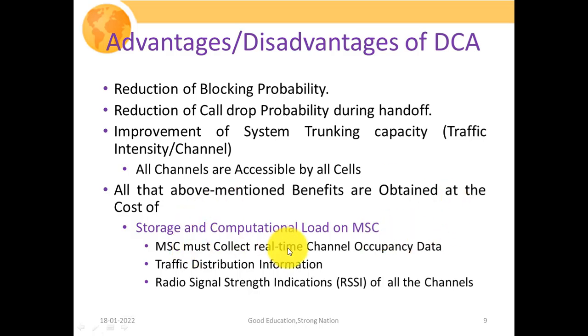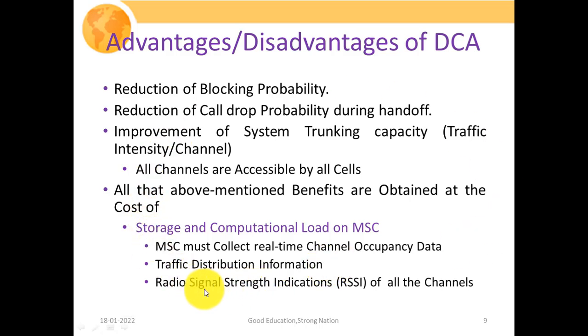The MSC must collect real-time channel occupancy data, since if it does not hold this data, it is not in a state to make appropriate decisions. Traffic distribution information must also be tracked by the MSC so that it can make appropriate decisions. Specifically, via this information only, it can get an idea about the future blocking probability.